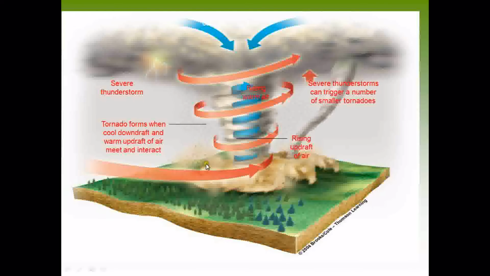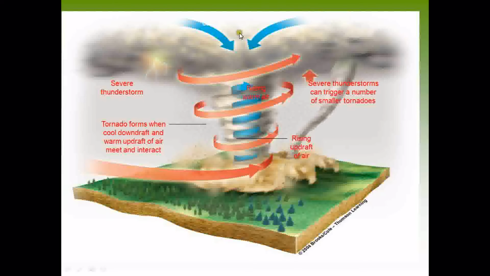You've got, again, a collision of warm fronts and cold fronts. And when that happens, we sometimes get this twisting action. And when we get this twisting action, two things happen. First of all, we get warm air rising on the outside in this cyclonic fashion.